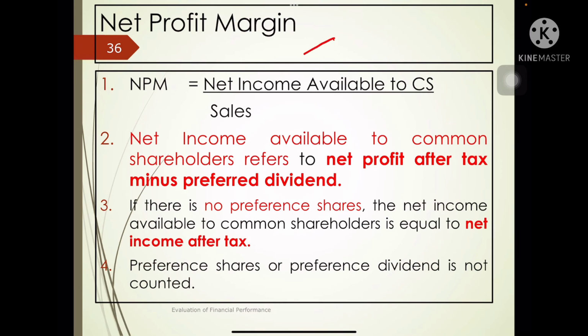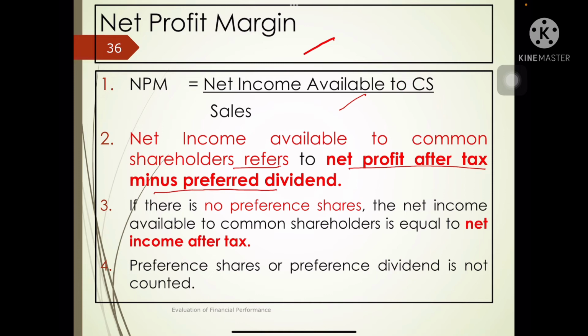All right, net profit margin. Net profit margin equals net income available to common shareholders or ordinary shareholders divided by sales. Net income available to common shareholders refers to the net profit after tax minus preferred dividend.